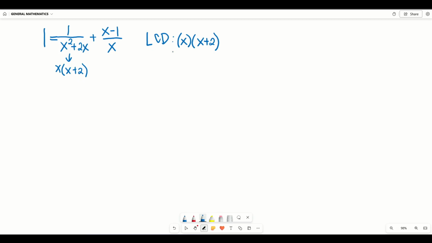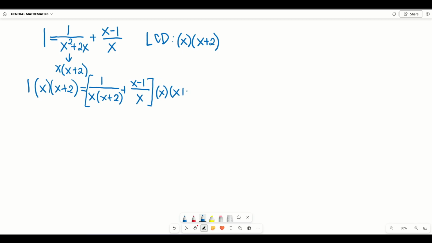So again, ipakita ko yung both techniques in eliminating the denominator. So we multiply the LCD. First, sa left hand side natin, we have 1 multiplied by the LCD is x times x plus 2 and then equal to 1 over x times x plus 2 plus x minus 1 over x times x plus 2.